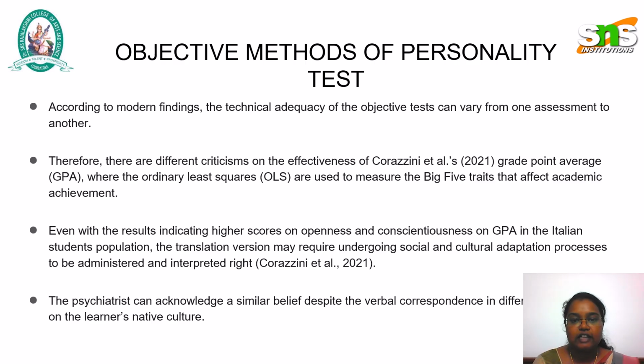Even with the results indicating high scores on openness and conscientiousness on GPA in the Italian students' population, the translated version may require undergoing social and cultural adaptation processes to be administered and interpreted right. The psychiatrist can acknowledge a similar belief despite the verbal correspondence in different ways based on their culture.